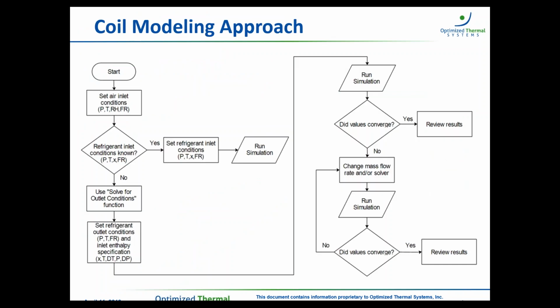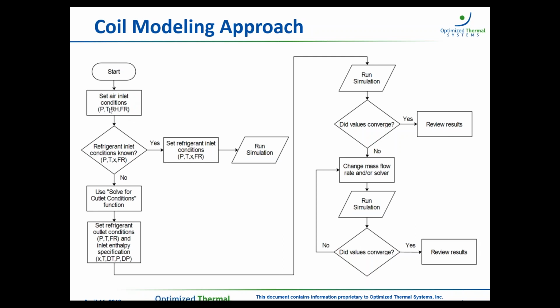As a quick overview, this slide summarizes two of the techniques that can be used to model a coil within CoilDesigner. At a high level, we are basically tasked with solving a heat exchanger with either inlet or outlet data for the streams that are flowing out of it. The most basic scenario is where we know the inlet conditions coming into the heat exchanger.